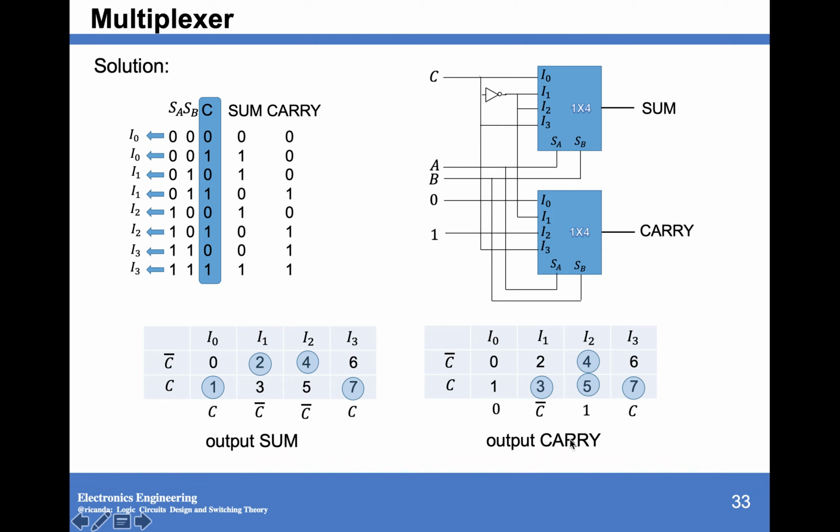Then for your carry, your I0 is connected with 0 and your I2 is connected with 1. Your I1 is connected with C bar and your I3 is connected with your C. All your selectors must be connected with your A and B. So this is the implementation of your full adder using multiplexer.